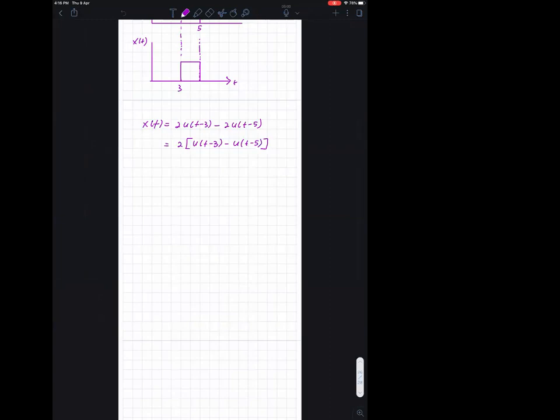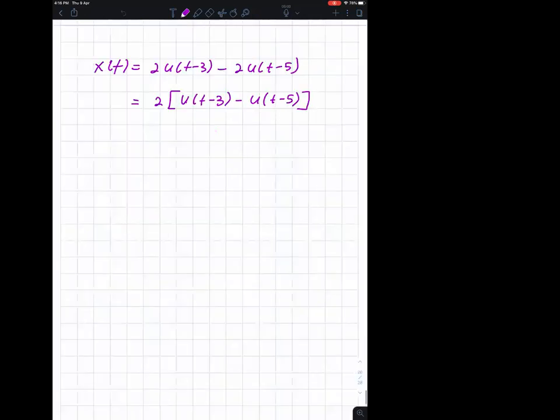Okay. Now I want to go through some of the discrete time signals. It's very important to understand this discrete time signal mathematics very well, because later on it will be helpful when you do discrete time convolution.